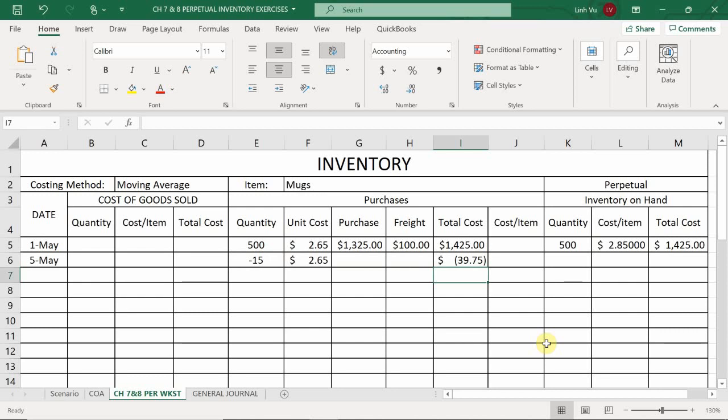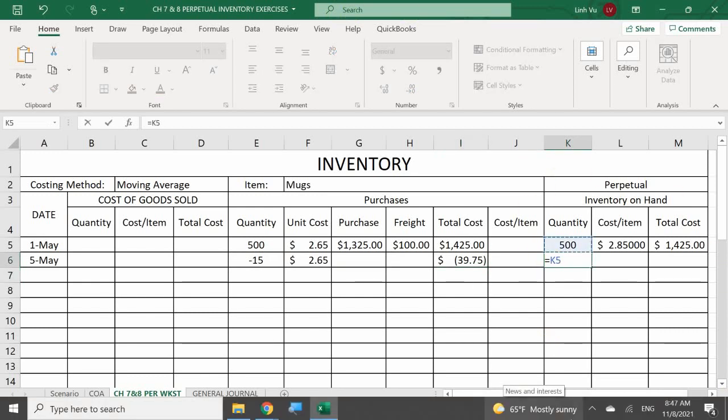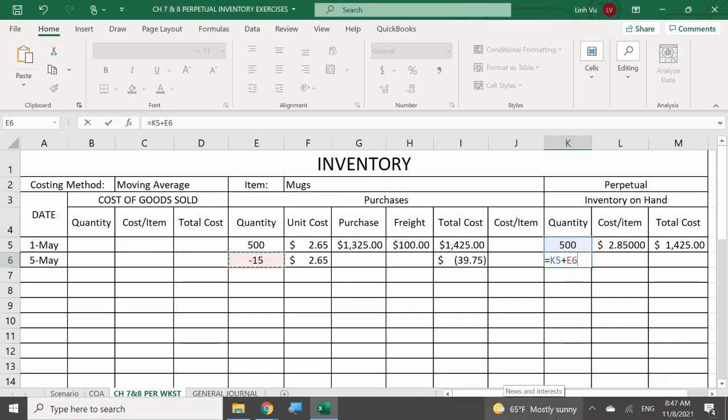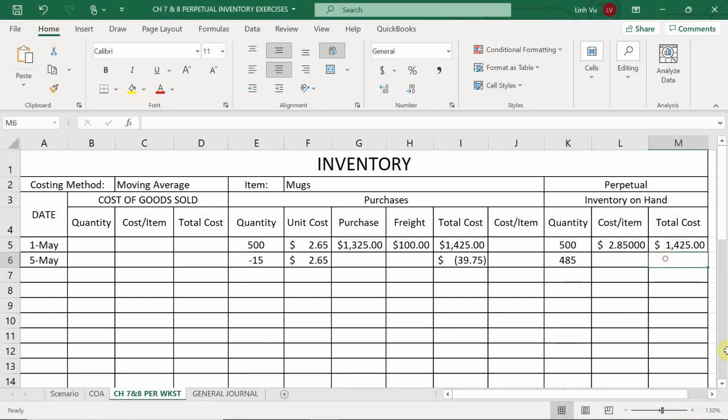So now I have a deduction of $39.75. If I'm using moving average, what did that do to my quantity? It lowered it. So how much did it lower it to? Only by 15. Yes. So in this case, we have 485 units left. Now, in this case, we also got a refund. So that means I no longer have $1,425. How much do I have now?